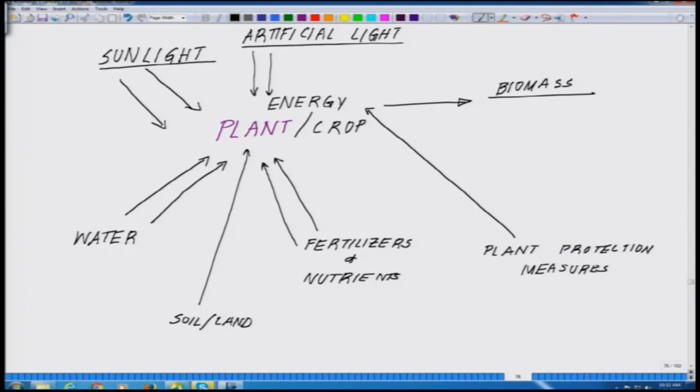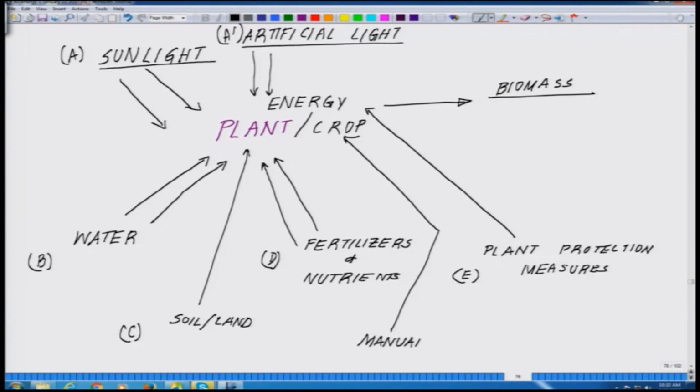So if I represent the artificial light source by A or A prime, B which is water, C which is soil and land, then D, the fertilizer and nutrient expenditure, then there is the involvement of manual or machine labor depending on how big the farm size is. So that is your F. So these are all your expenses.